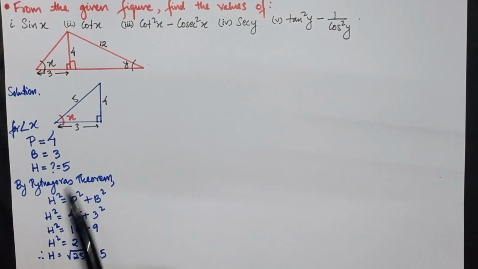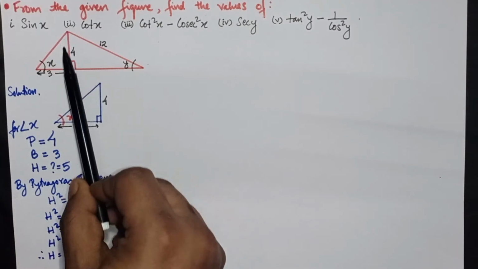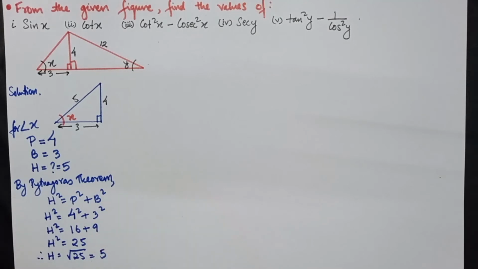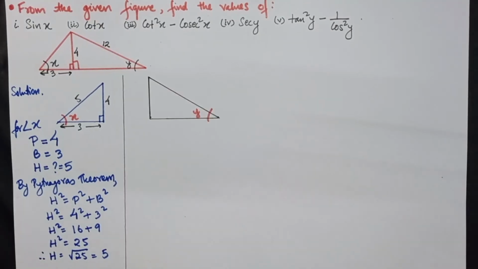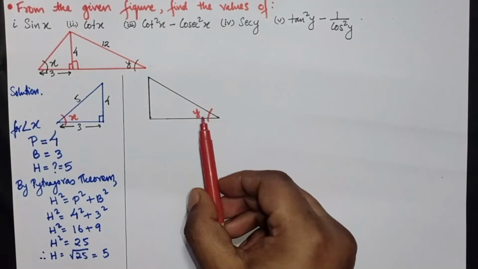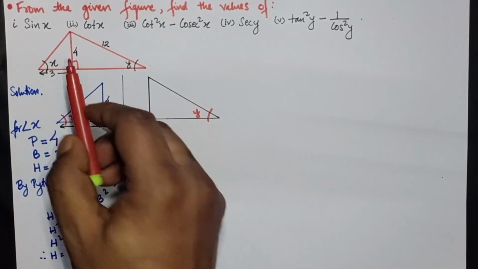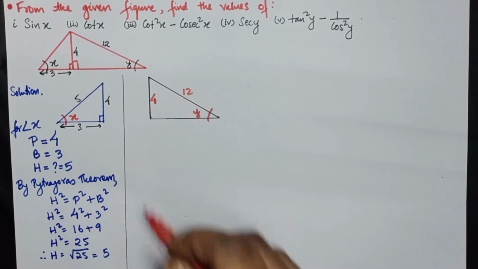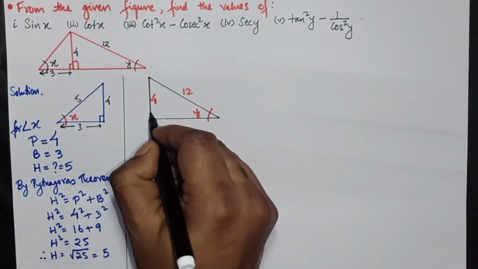Now we have to go with this another triangle also. With this triangle also, we don't have the base. So let's make the figure. Here we have another triangle. This angle is given y, and the value of this is 4, and this is 12, and obviously this is your 90 degree.